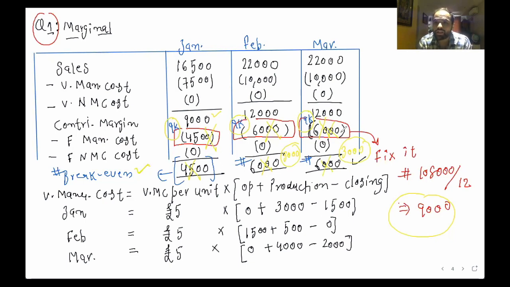When we calculate the 2 methods, the net profit of them is not equal. Yes, that's right. Profit of marginal costing and profit of absorption costing will not be the same. It will be different. If it's the same, I don't know, maybe it's a coincidence, or your question is wrong, all right?